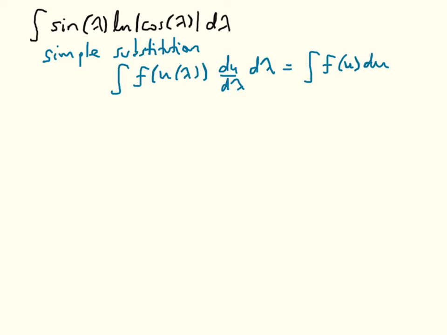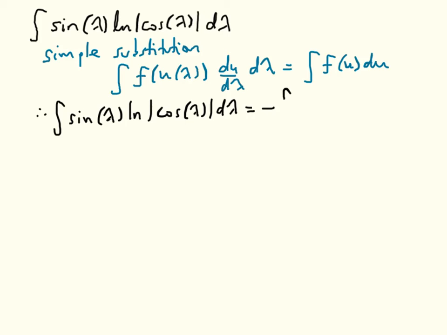So this therefore tells us that our integral of sine of lambda log of the modulus of the cosine of lambda with respect to lambda is minus the integral of the log of u, and now integrated with respect to u.